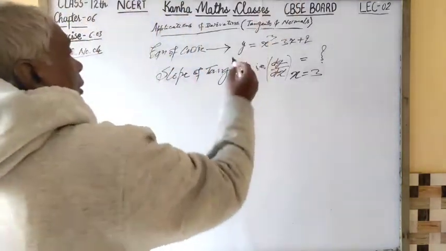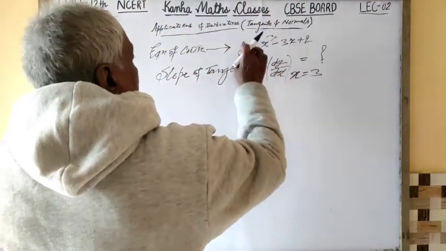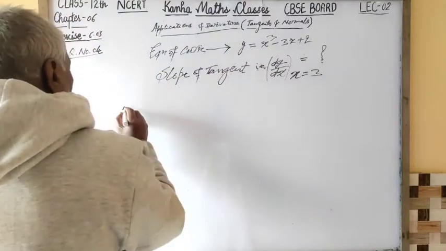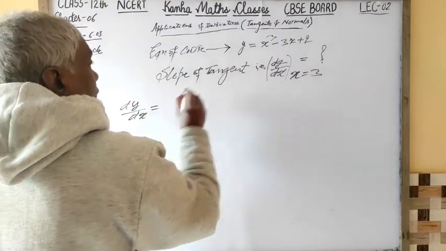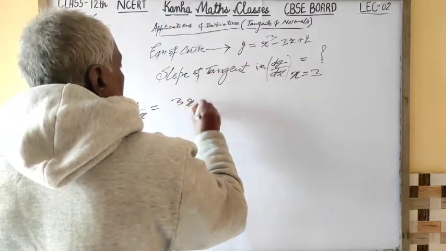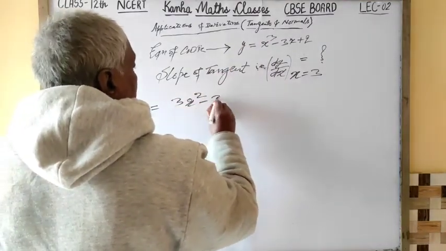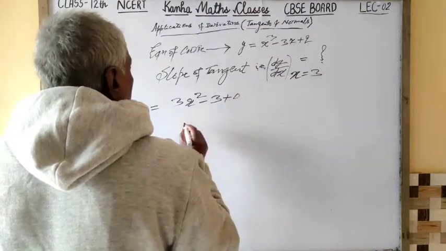Now finding the first derivative of the equation of the curve, dy by dx is equal to 3x square minus 3 plus 0.